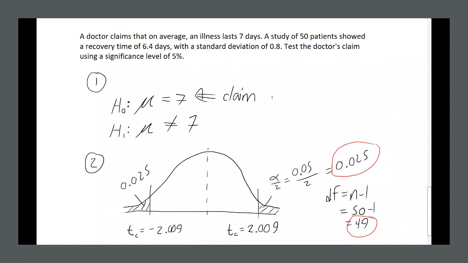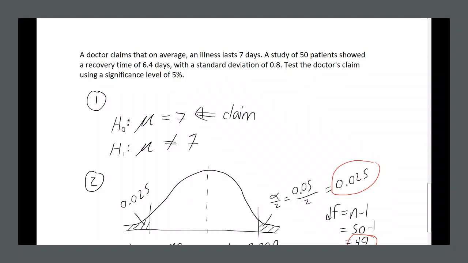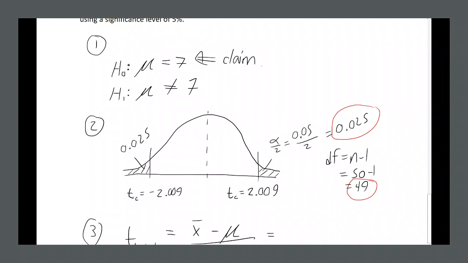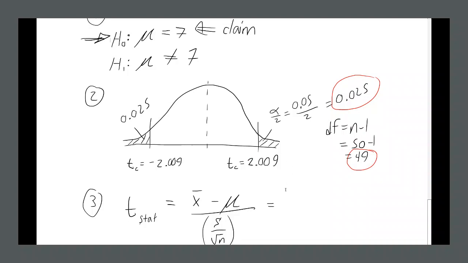Our sample mean was 6.4, and our standard deviation was 0.8. We have 50 patients as our sample size, and the assumed population mean, well, that's our null hypothesis. We're assuming that it's equal to 7.